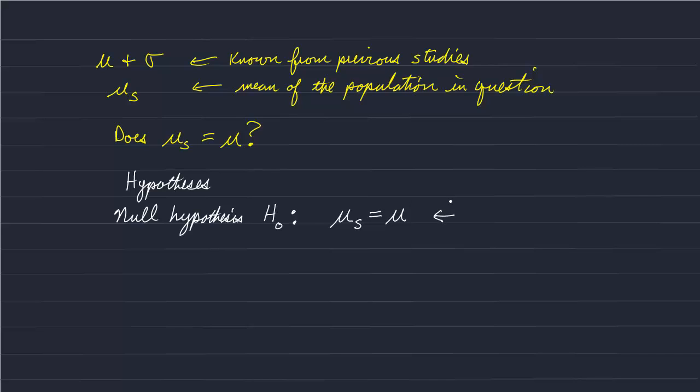And an important aspect of the null hypothesis is it's formulated as something to reject. And we'll go into more details why later. But for now, what you need to know is the null hypothesis is formulated to be rejected.